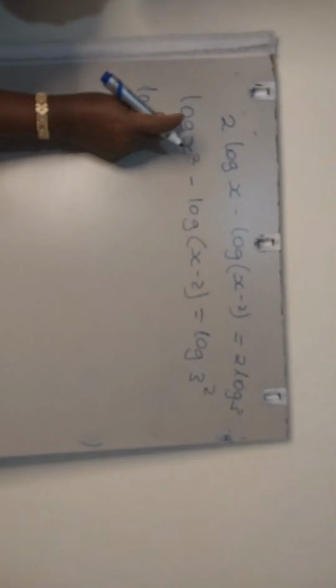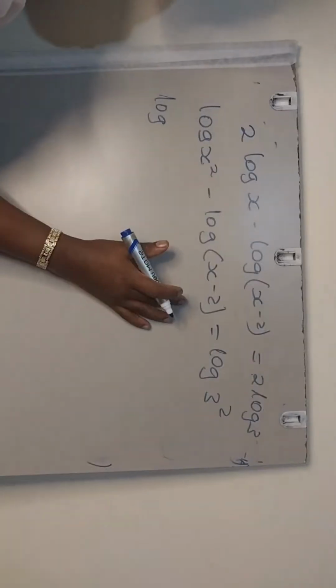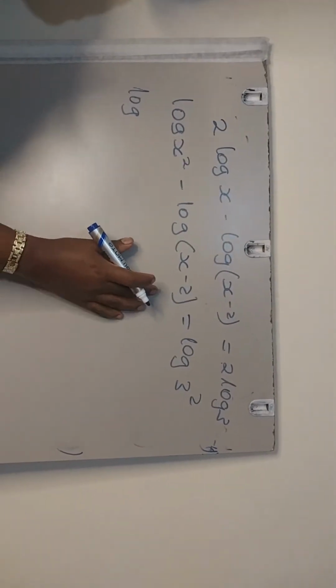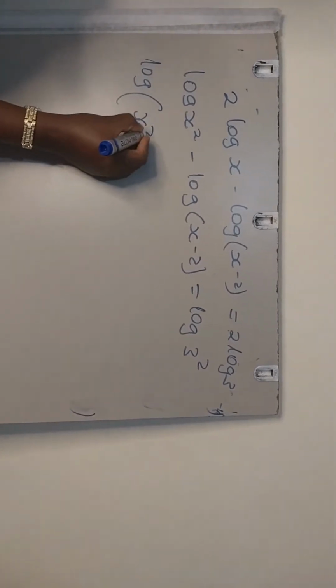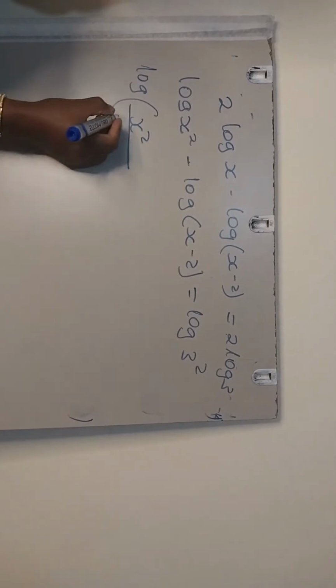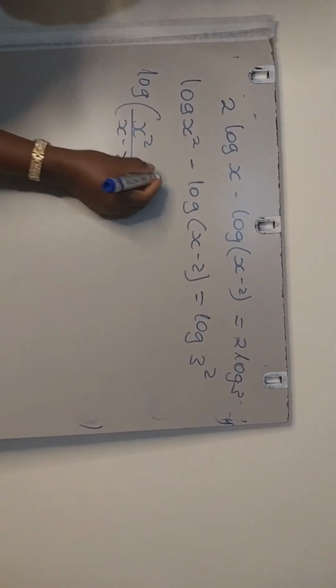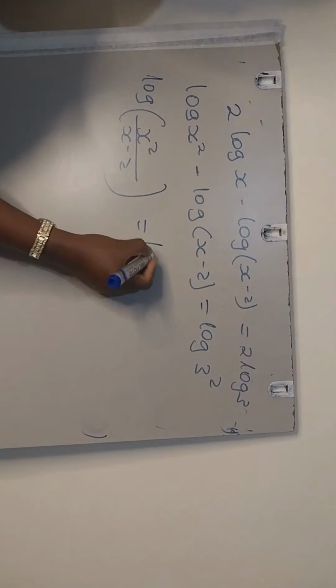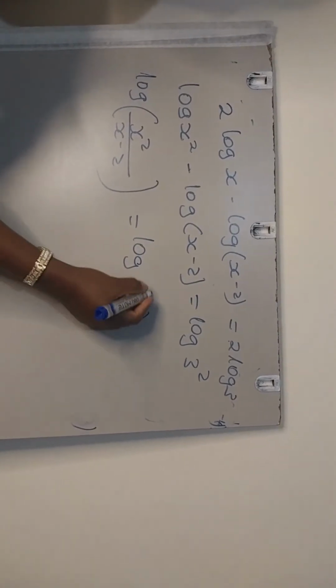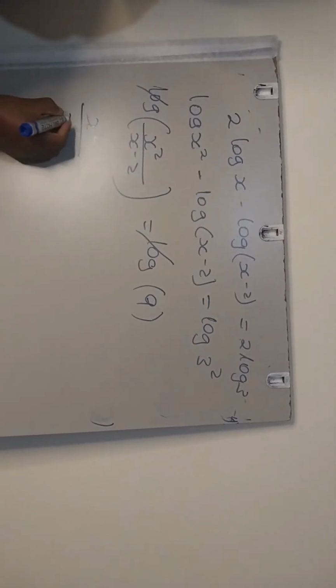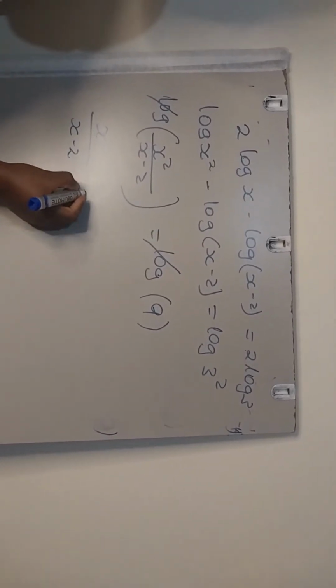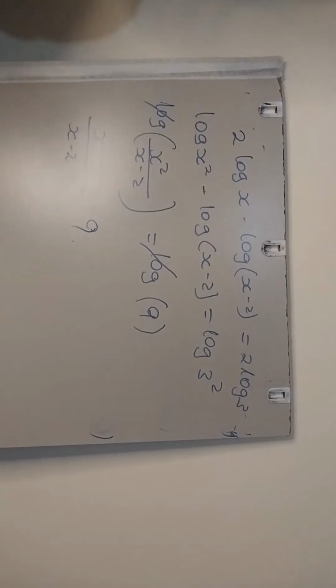Good. So let us do logs because all of them have logs. We always use log to base 10 when it is a bare log without a base. X squared, minus will exist as a denominator, x minus 2 is equals to log 9. We cancel the logs. The x squared over x minus 2 will simply be equal to 9.